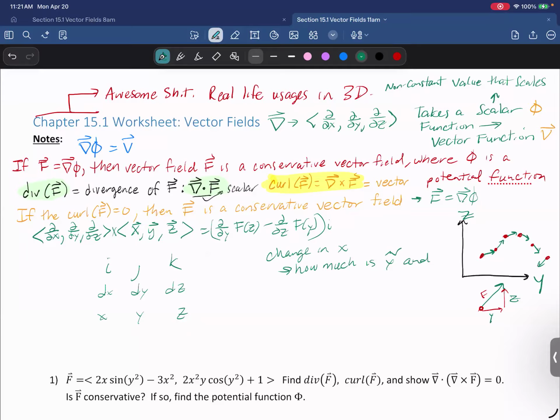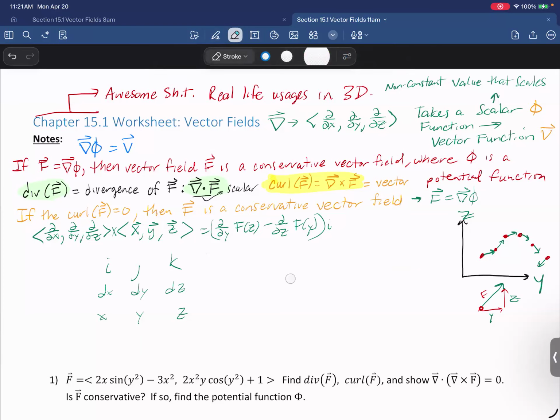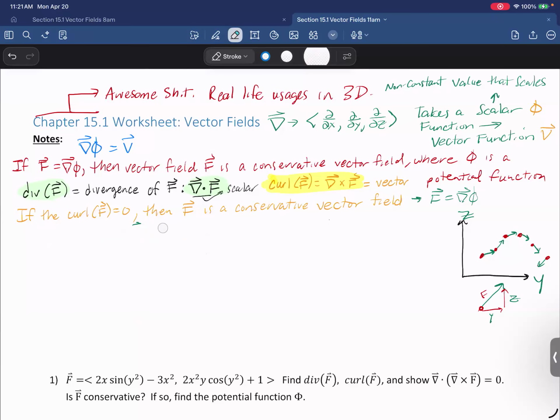Y component and z component changing. I have a new notation, the lightning, the Harry Potter notation. How much is the y component and z component changing with respect to different things? It's a little trippy and a little hard to wrap your mind around. We'll go into a little bit more detail in a second. Let's get back on topic here.